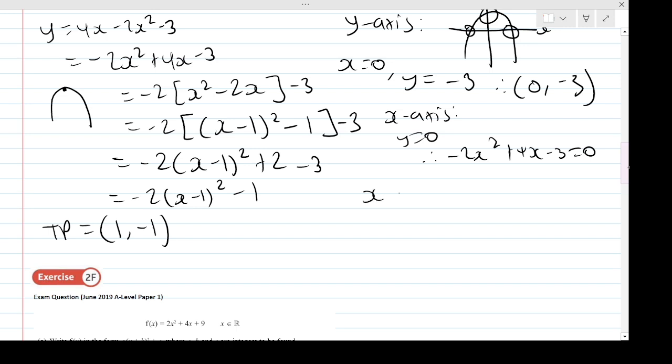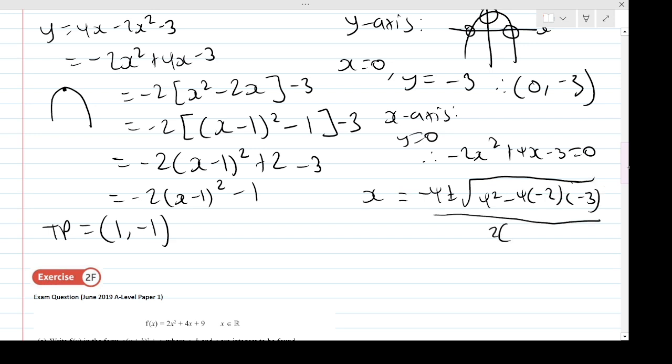So x is simply minus 4 plus or minus the square root of 4 squared minus 4 lots of a, which would be minus 2, and then c, minus 3, over 2 lots of a, so 2 lots of minus 2.